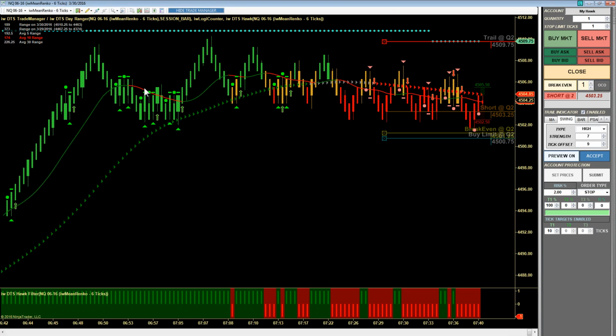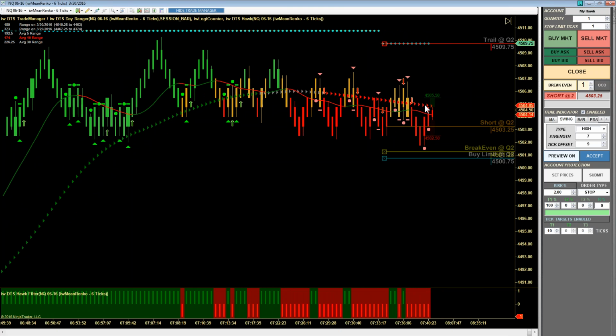So it means that we shouldn't be too interested in selling just yet. We should still be looking for buying opportunities. Now that the bars are all red and our trend lines are red and our filter is red, it's saying, okay, it's time to look for selling opportunities.